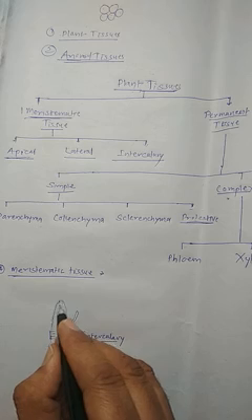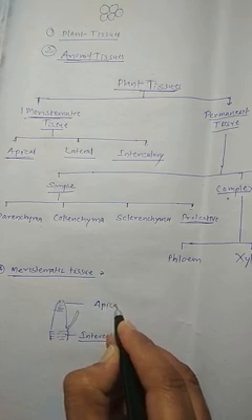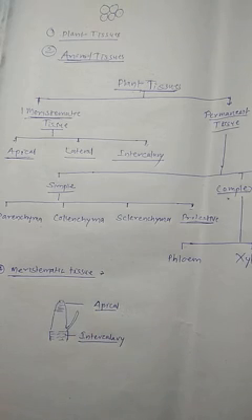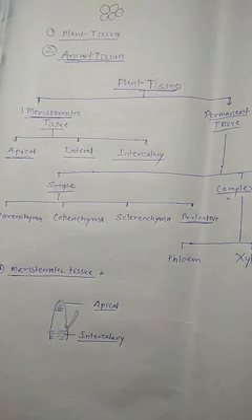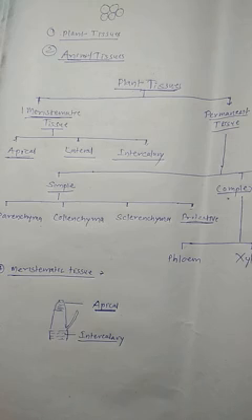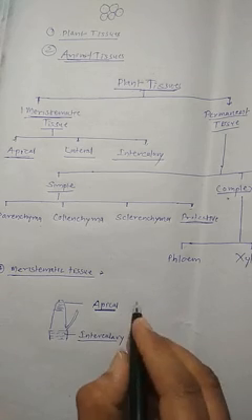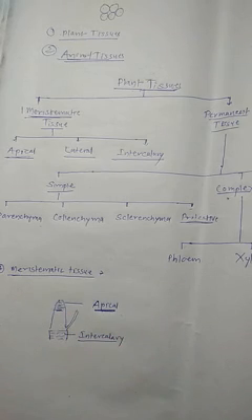This one is apical. It means apical is present in the tip of the stems. It is also present in the tip of the roots. The main function is increasing the length. Apical meristematic tissue increases the length of the shoot, also the roots.